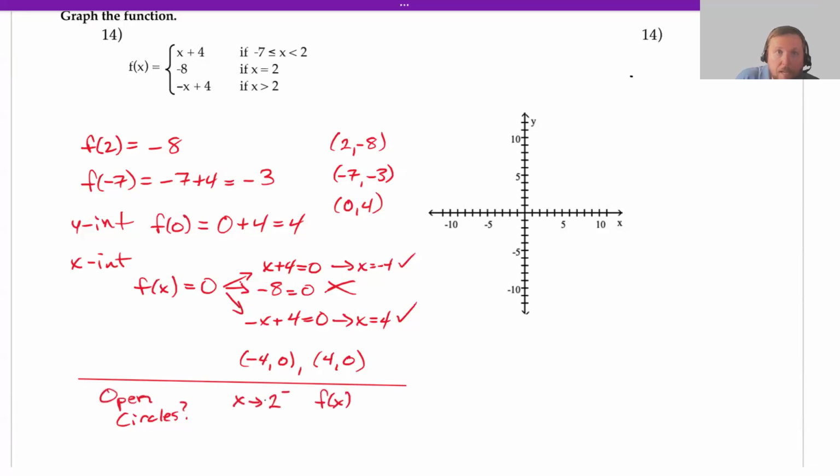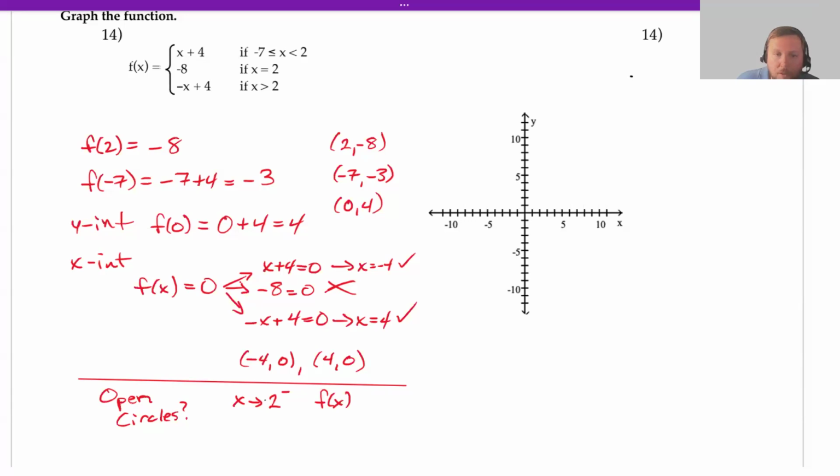When I say from the left, I mean from the negative direction, on the number line to the left of 2. When x is 2, it's the second piece, but right before that on the left, it's in the first piece and it's getting closer and closer to 2, and then it's doing whatever it does when it gets to 2.